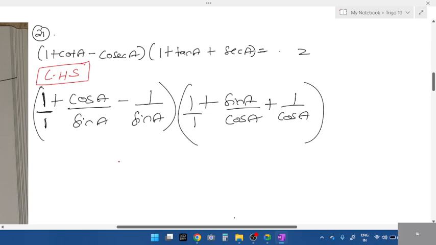Try, students. You all can try it. Take LCM. Let me check who gets it right. You should get 2 on the right hand side.